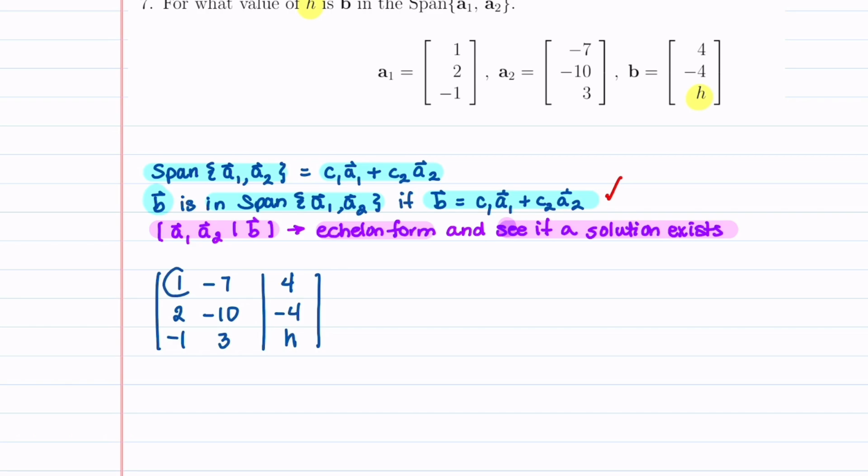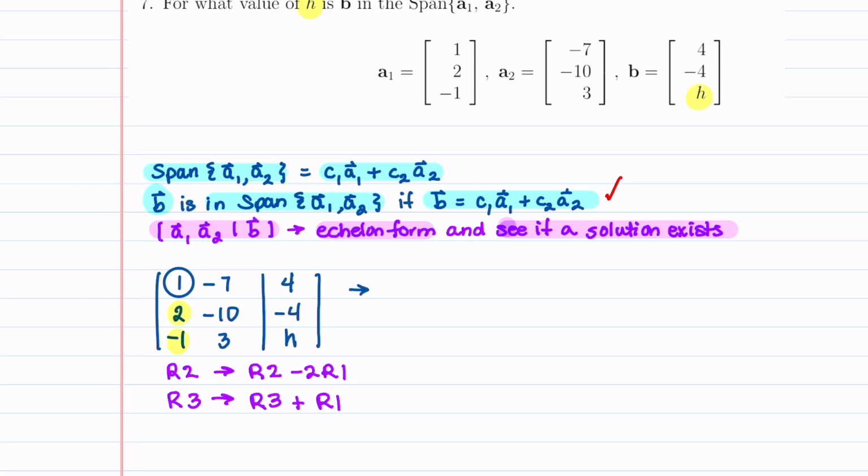So let's circle our pivot, and then I'm going to highlight in yellow the entries that have to go to 0. And let's write down the row operations that we're going to have to use. We're going to take row 2 and replace it with row 2 minus 2 times row 1. And then we're going to take row 3 and replace it with row 3 plus row 1.